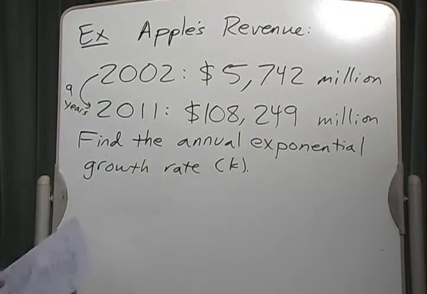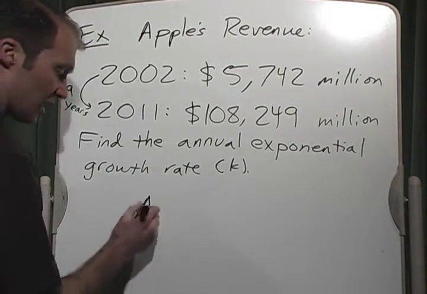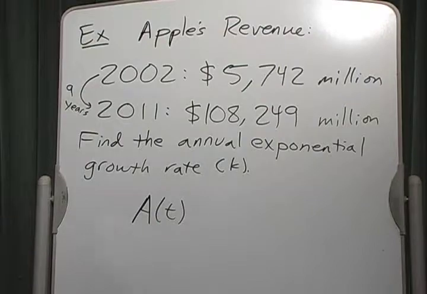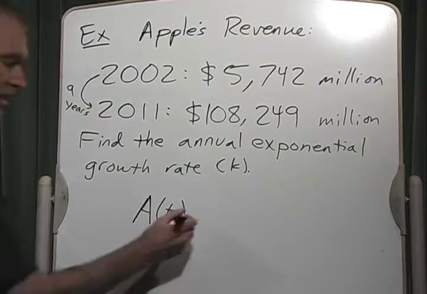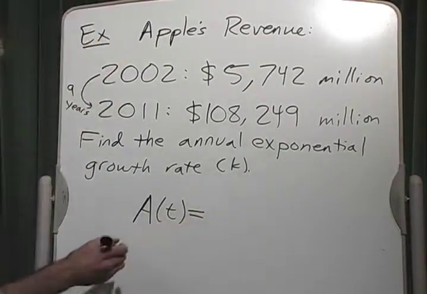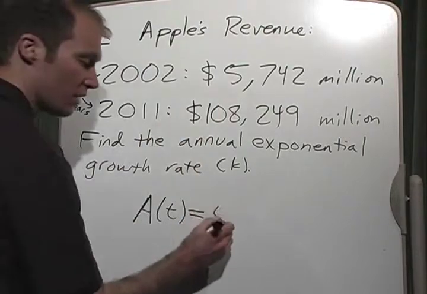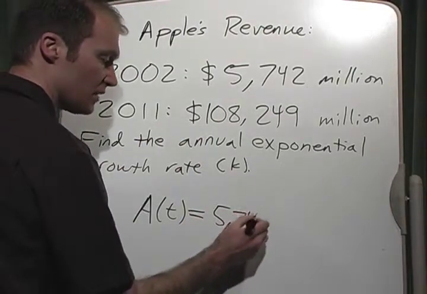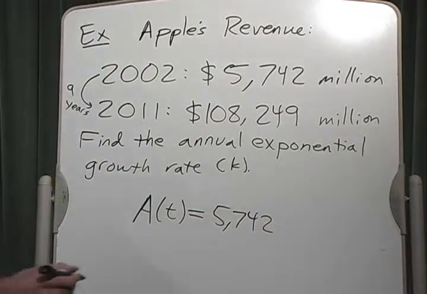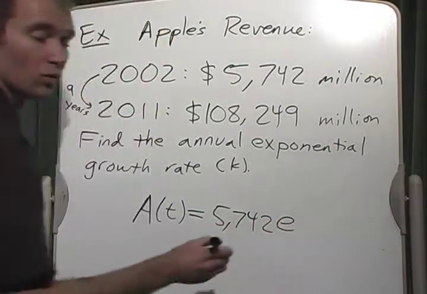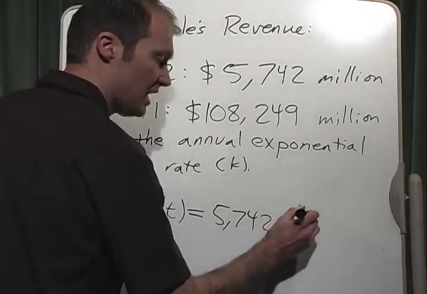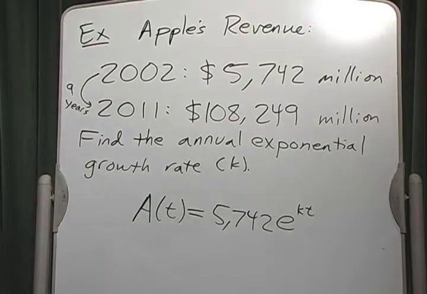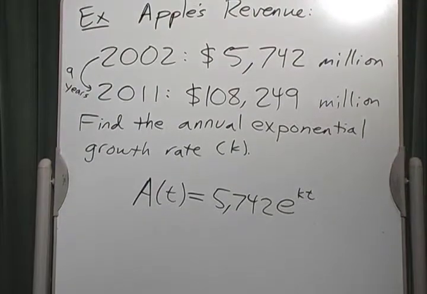Well, I know the formula goes like this. A of t is the amount at time t, and it's going to be equal to the initial amount, so I'm going to have 5,742 times e raised to the kt. I don't know what k is. That's what I'm trying to solve for.